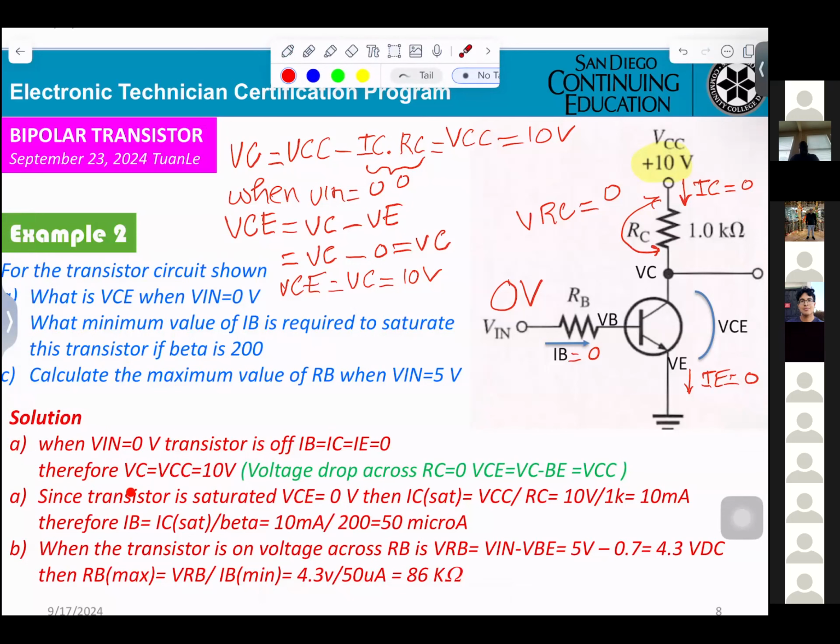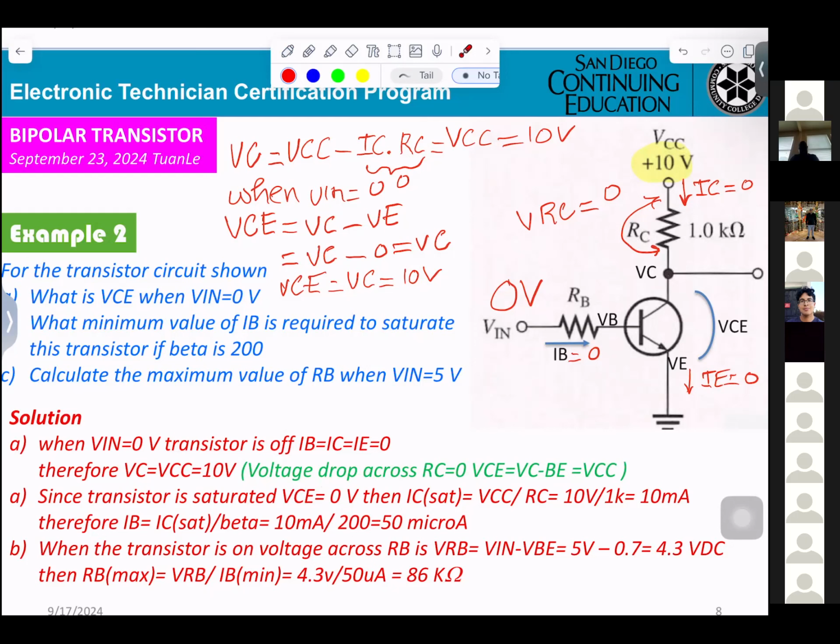Therefore, VC equals VCC equals 10 volt. The voltage drop across RC equals 0. VCE equals VC minus VE, which equals VCC.